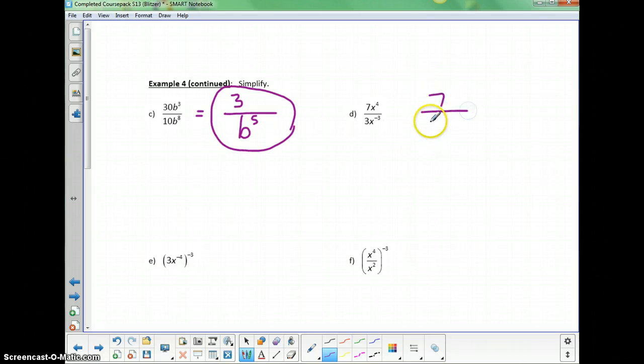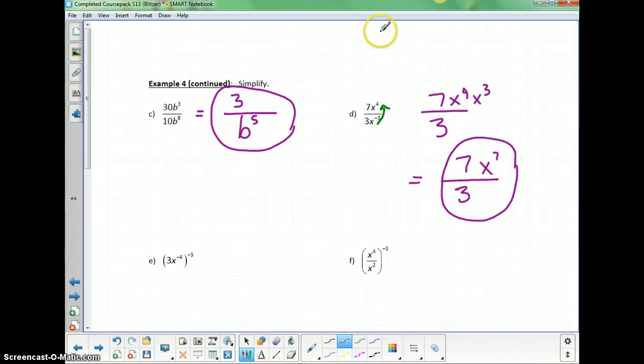7/3 can't reduce. Okay, so let's look at the variables. We're going to take this and move it to the top because it was negative. So it's going to be x to the 4th times x to the 3rd. Those are going to add up to x to the 7th.